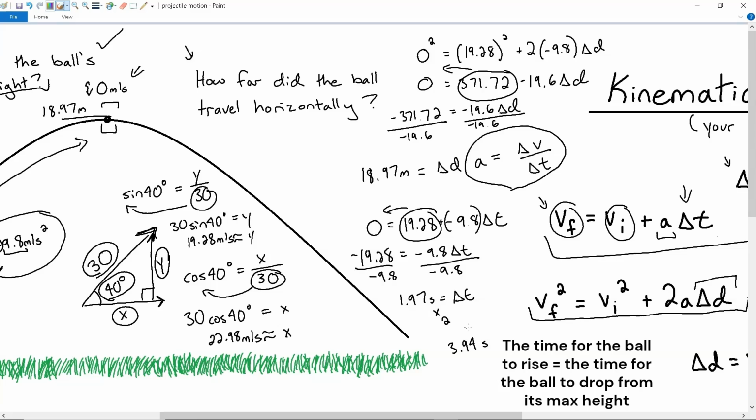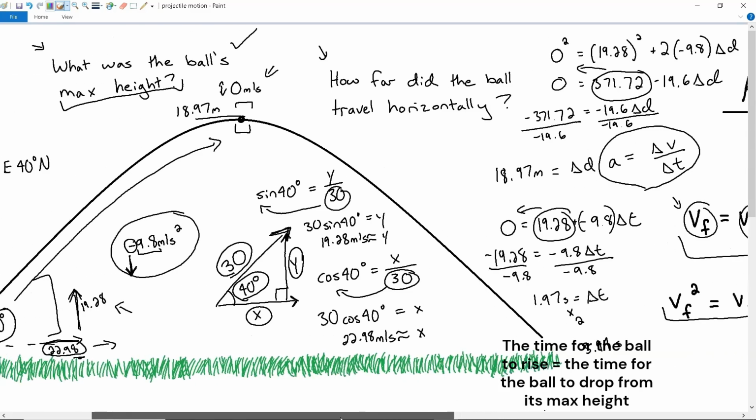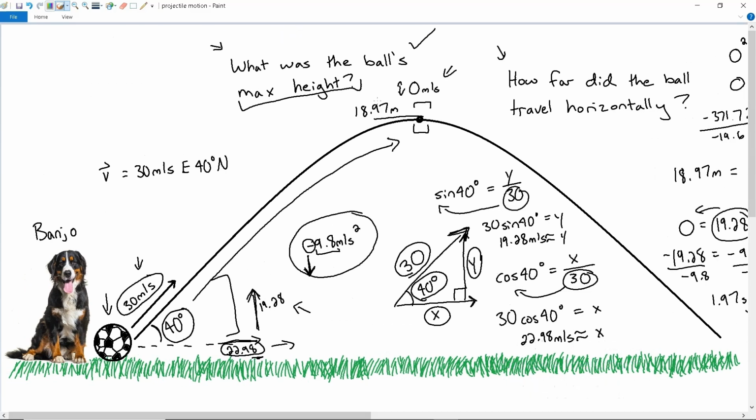Another way I could solve for time is I could think of it this way. Instead of using 0 as my final vertical velocity, I could just say, okay, if the ball is being shot upwards with a value of 19.28 meters per second, once it ends up hitting the ground, it's just going to have the same magnitude, just in the opposite direction, right?